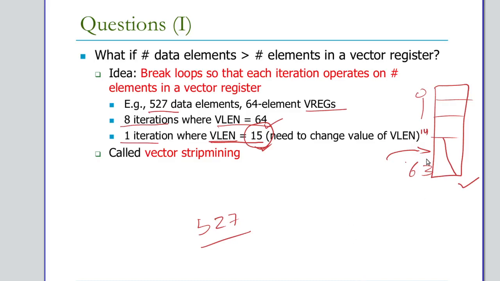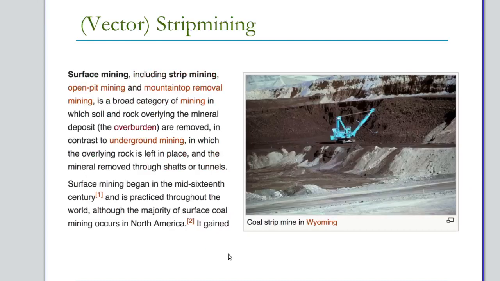Okay, so this thing of using a particular part of the vector register and not using the rest, you will call it vector strip mining. Strip mining is basically a word coming from mining, where you try to find important things from the land and discard the wastage, meaning discarding the unwanted material.